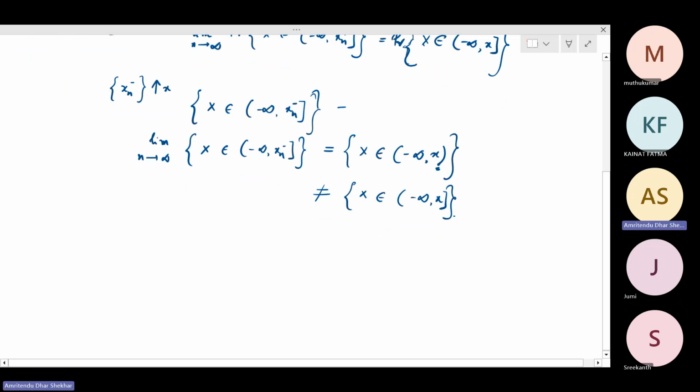So now again the limit of probabilities would exist.